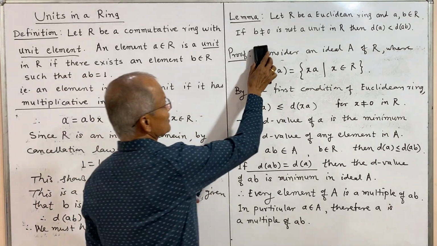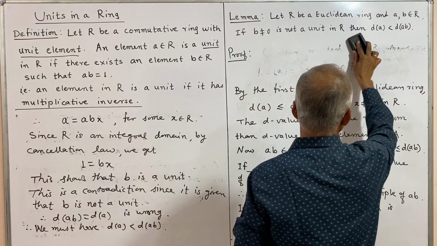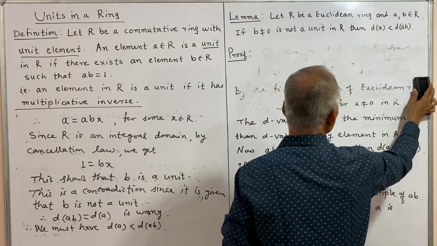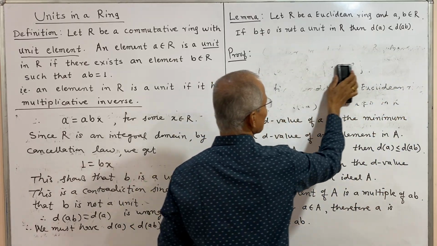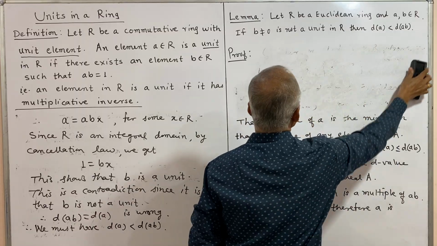Now see, a simple example can be considered of the ring of integers, which is a Euclidean ring, and there we define the Euclidean function d as the absolute value.